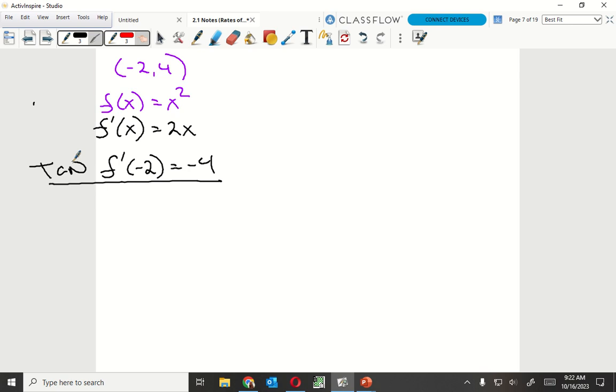And I said that the normal has to be what to that? It's perpendicular, right? So if I know the tangent slope, what would be the perpendicular slope? What's perpendicular to -4? 1 over... +1/4, right? It's opposite and reciprocal.